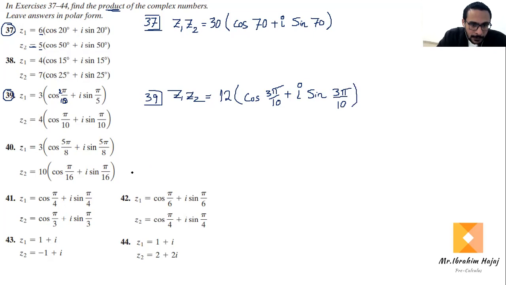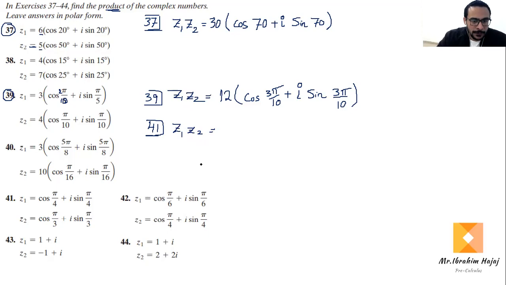Okay, Muhammad Iyad, question number 41. Find the product of the two complex numbers. Yes, Mister. Answer number 41. Sine 7 pi. What is the R?